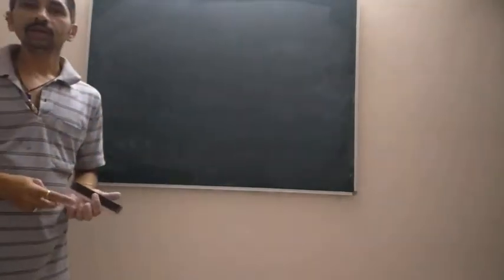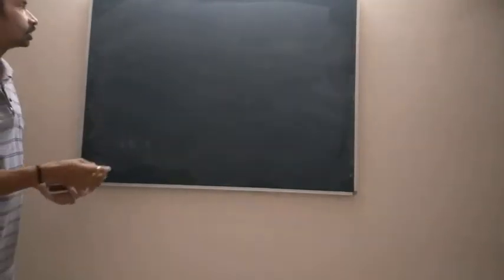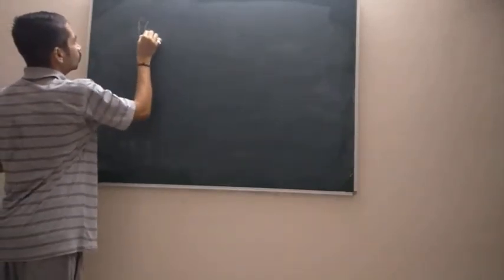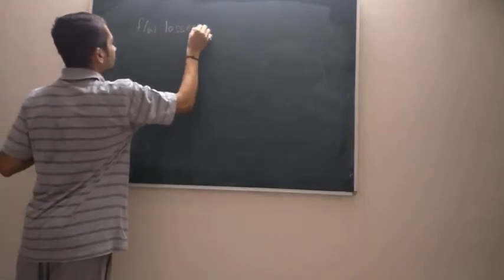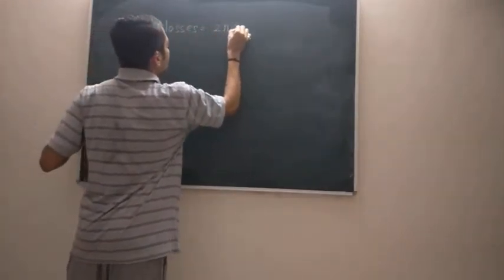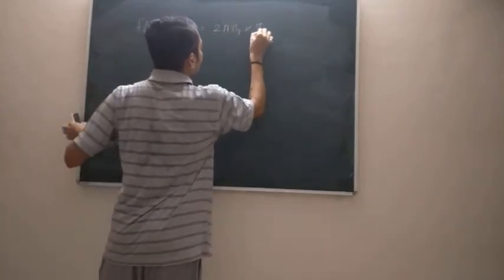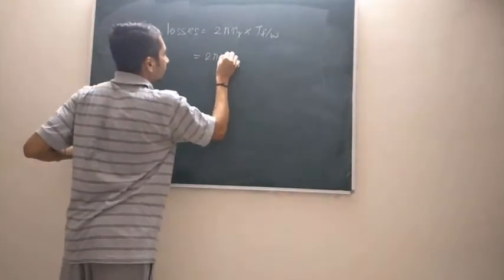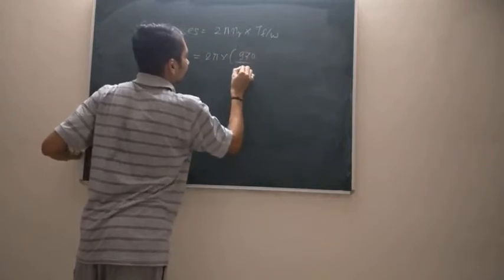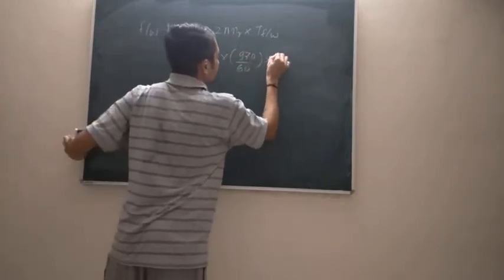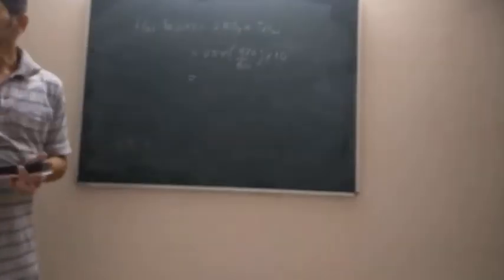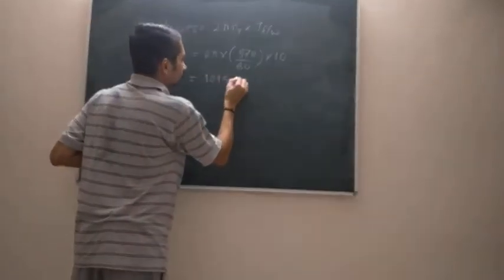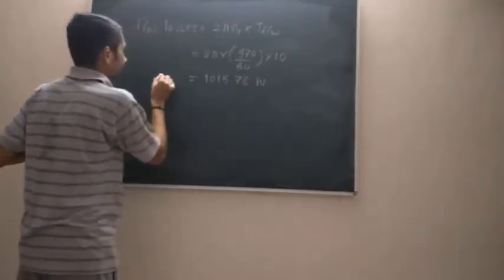Now they have mentioned that the torque lost in friction and windage is 10 Newton meter. So the friction windage losses will be 2 pi Nr into the torque lost in friction windage. So it will be once again 2 pi into 970 upon 60 into 10. The friction windage losses come out to be 1015.78 watts.